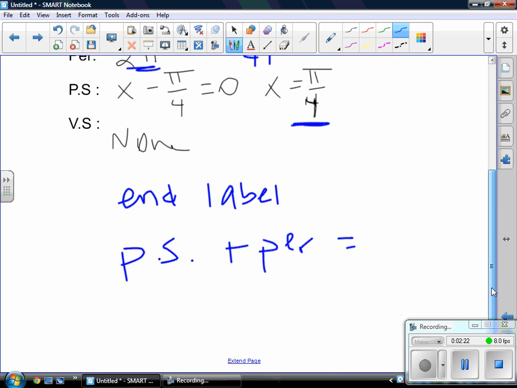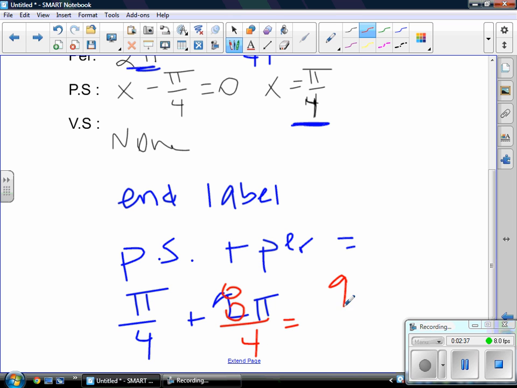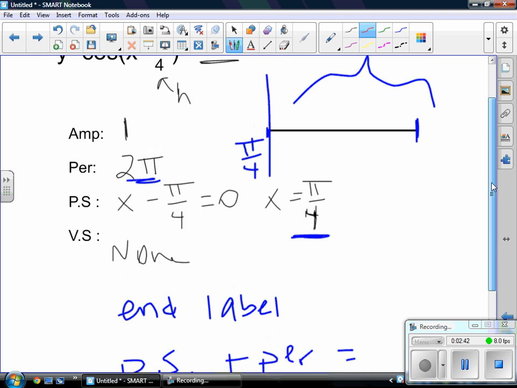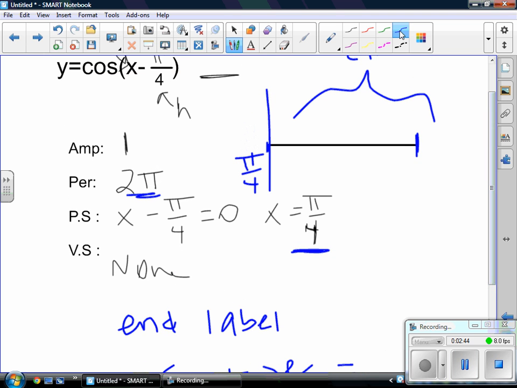So I have my phase shift as pi over 4 plus 2 pi. Let's change this 2 pi into a fraction, 8 pi over 4. Now we can add the fractions together to say 9 pi over 4 is the end of my cycle, and where I also end the labeling.